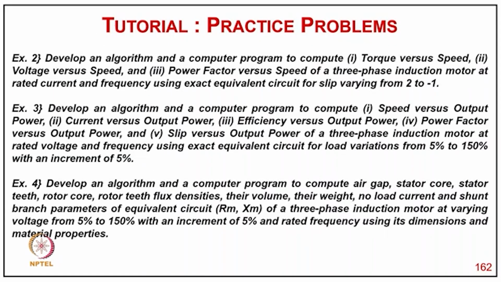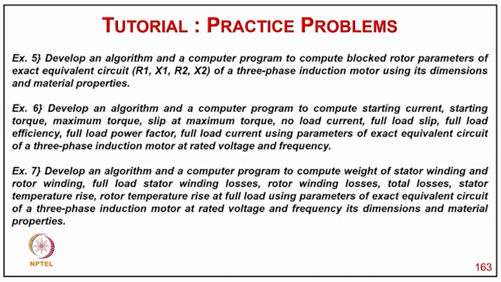Similarly, we have some other examples. Develop the algorithm for a computer to compute the torque versus speed characteristic, current versus speed, and power factor versus speed. Develop the algorithm to compute the speed characteristic and output power characteristic, varying the output power from 5% to 150%. Develop the algorithm to calculate the air gap, air core and core teeth flux density, their values, weight and no load, and then the shunt branch equivalent circuit parameters of the 3-phase motor at varying voltage from 5% to 150% with increments of 5%, considering the diameter.